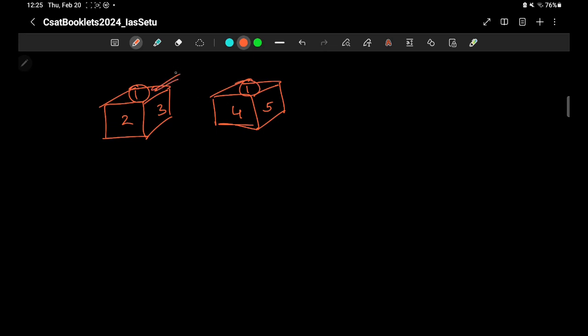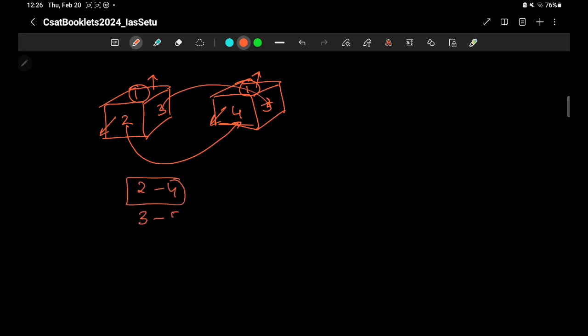They're facing the same direction over here, right? So what you can do is connect this 2 with 4 because it's of the same facing direction, and this 3 with 5. So hence 2 and 4 are opposites and 3 and 5 are opposites. You can conclude like this directly if the numbers are facing the same direction.